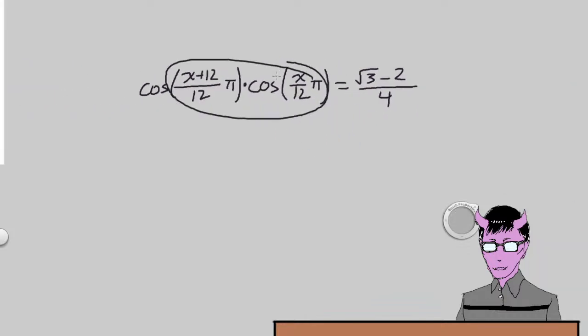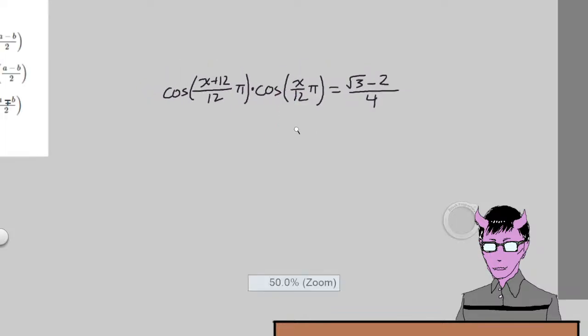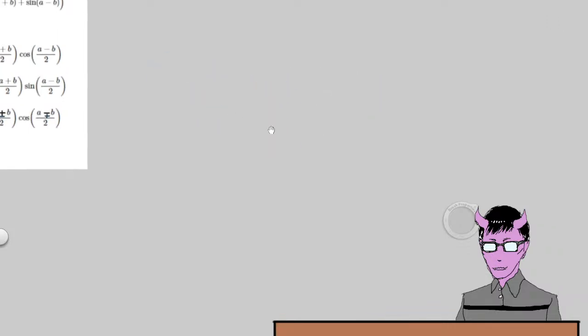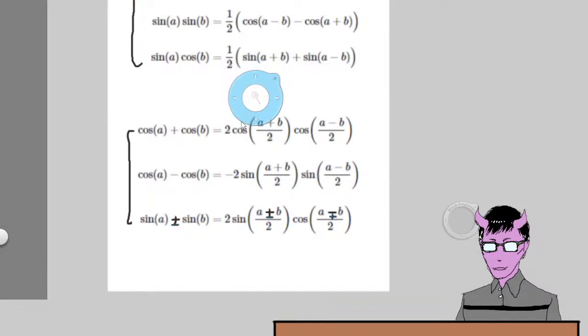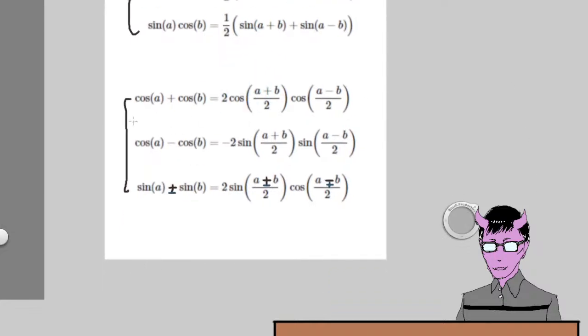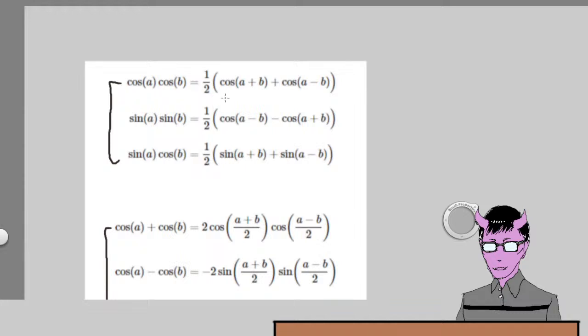We just got to use an algorithm on this one. We can't evaluate these individually because they both have variables in them. So we need to match the correct algorithm. So this is cosine times cosine, so not these ones. Cosine times cosine is that one.